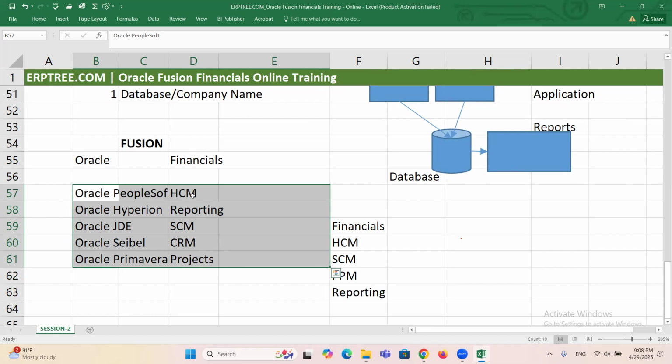It is PeopleSoft-built HCM. In the same way, CRM and other products are all from the best products available in the market, we can say best of breed. That's how it is.